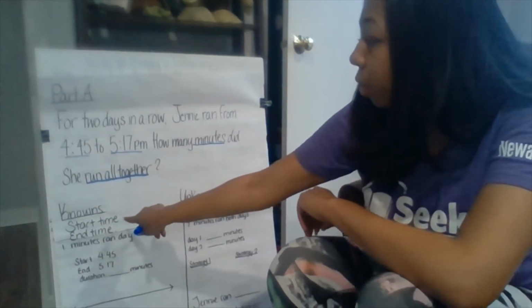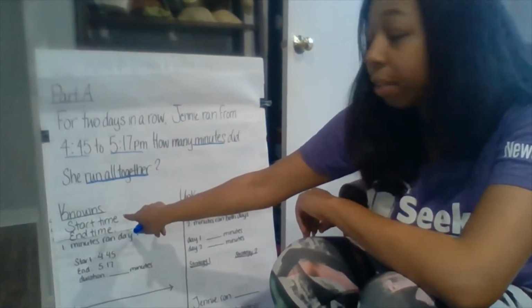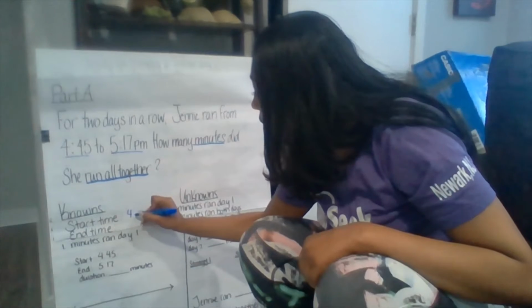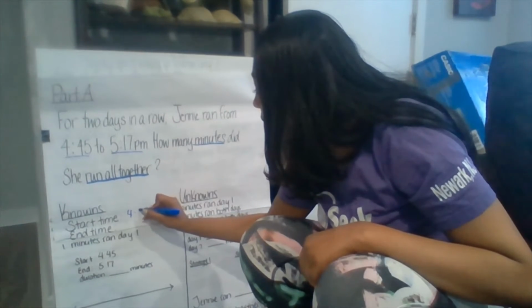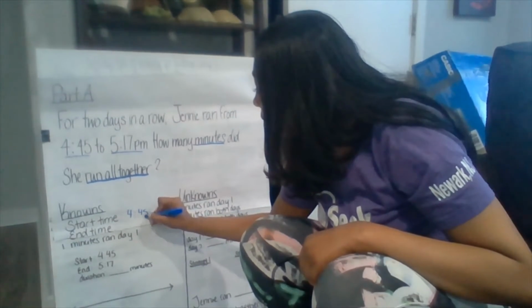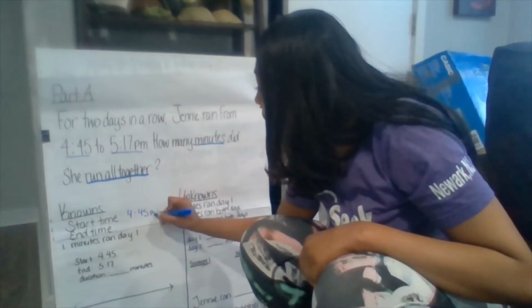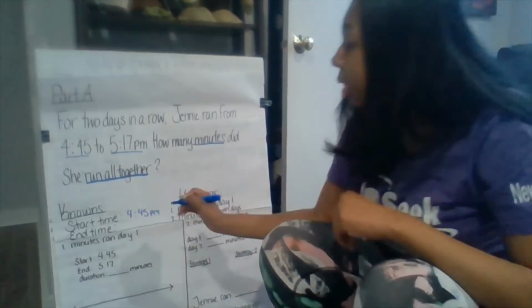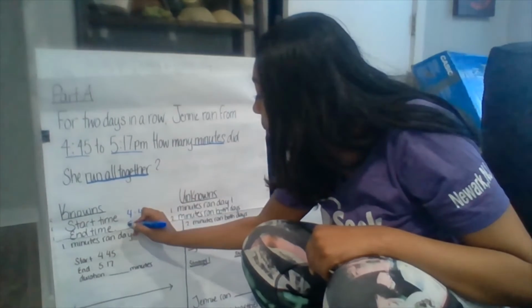And I'm going to fill in the information that I know first. So our knowns, we know that her start time was from 4:45 p.m. And I also know that her end time was at 5:17 p.m. So I'm going to write this information as well.